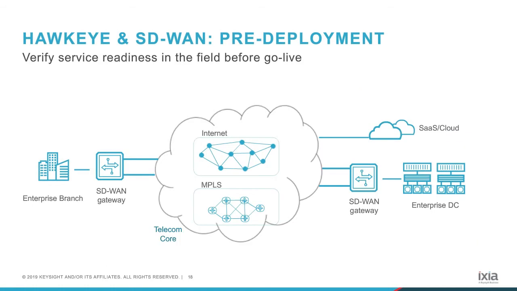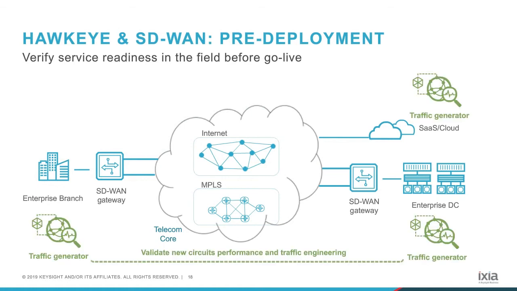Now let's take a look. How does it look when you're deploying your SD-WAN environment? At the first phase, you're going to put together your architecture in the field. There you're going to place your SD-WAN gateway and configure your traffic rules and profiles. What we're going to do with Hawkeye is place these endpoints into the different locations where you are delivering an SD-WAN service.